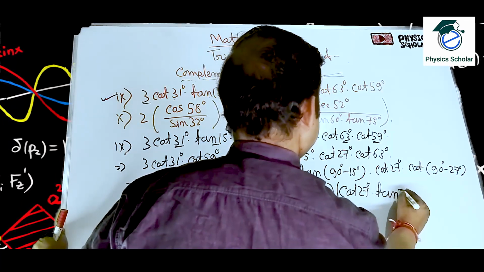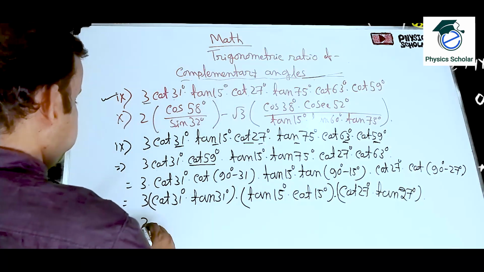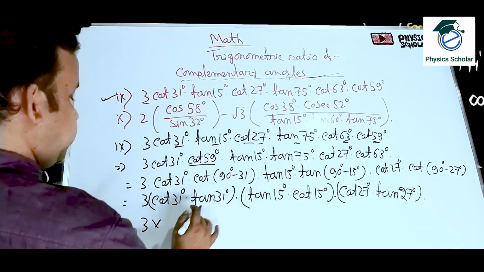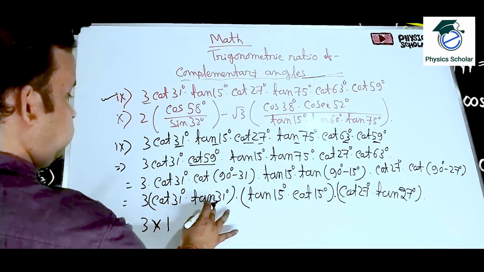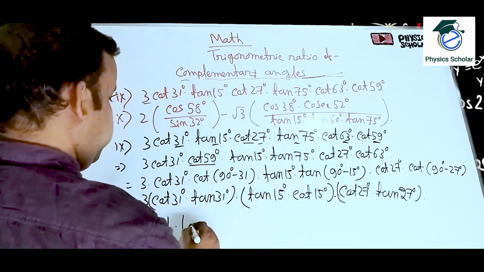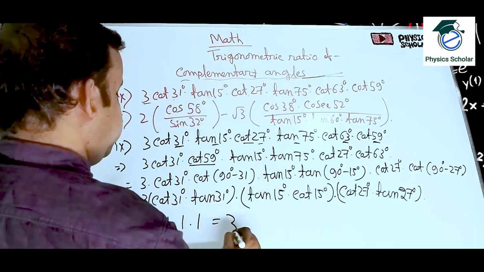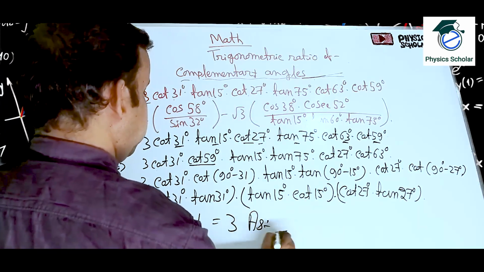Tan 27 degree. Clear? So, 3 into cot theta into tan theta means what? 1. Those are reciprocal. Into tan theta into cot theta, again it is 1, into cot theta into tan theta means again it is 1. So, that means 3. That will be your answer.